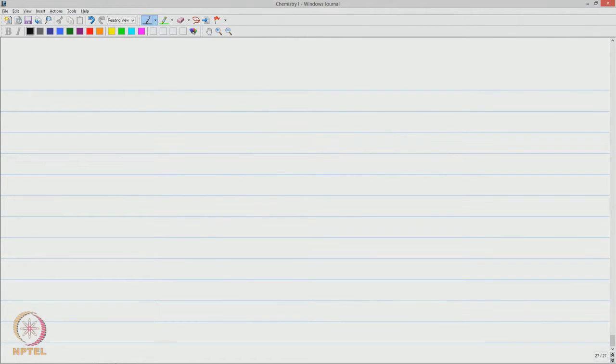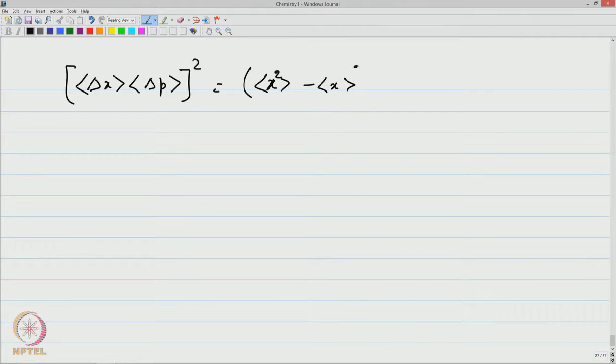Therefore, now let us get the delta x delta p. If you take the square of this, that is equal to x squared average minus x average squared multiplied by p squared average minus p average squared. Okay.